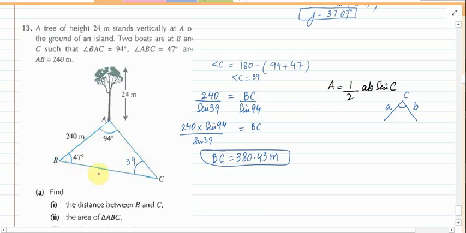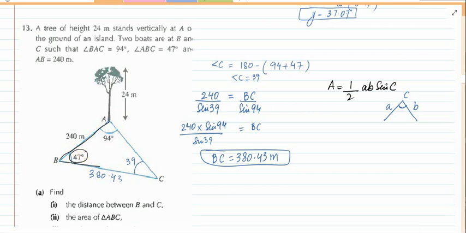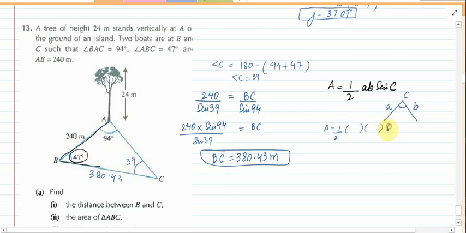I have the value of BC, that is 380.43. Now the two sides are AB and BC, and I have the value of the included angle. So I am going to place area is equal to 1 upon 2 length 1, length 2, and sine of the angle. So length 1 is 240, length 2 is 380.43, and the angle is sine 47.